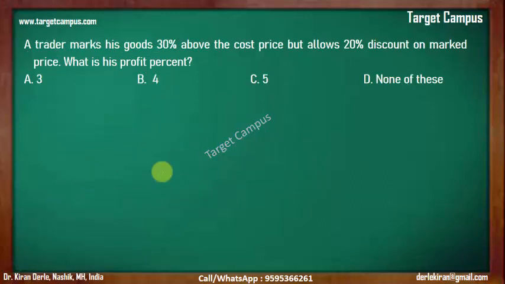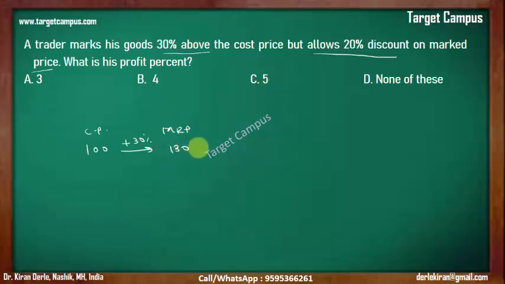Okay, let's move forward. A trader marks his goods 30% above the cost price but allows 20% discount on the mark price. What is his profit percentage? So the trader marks his goods 30% above the cost price. If cost price is 100, his MRP is 130.